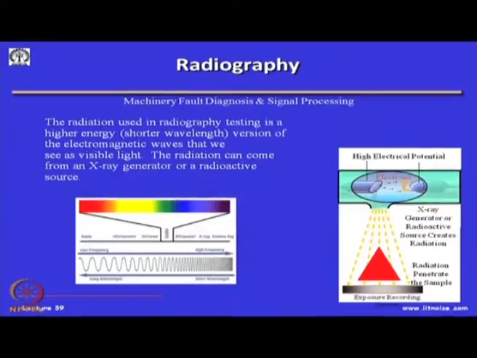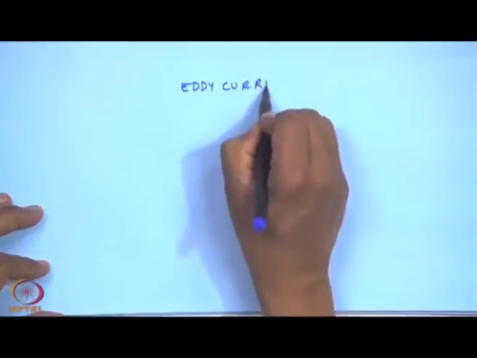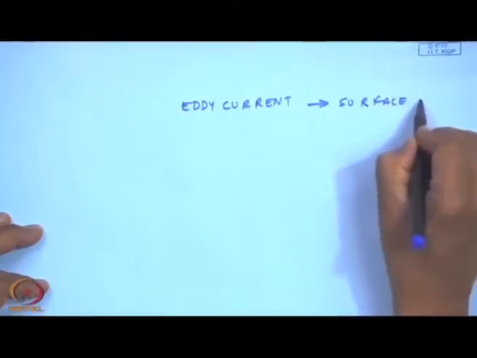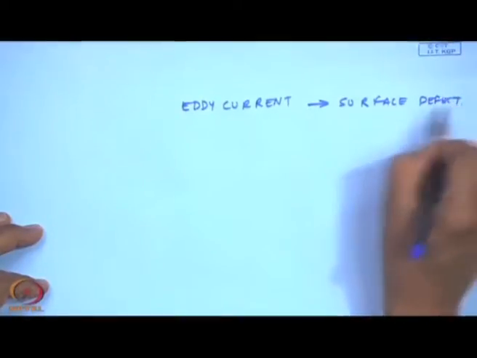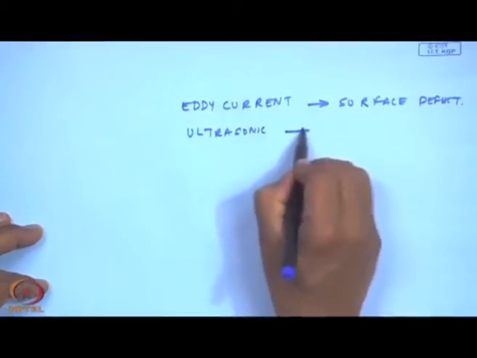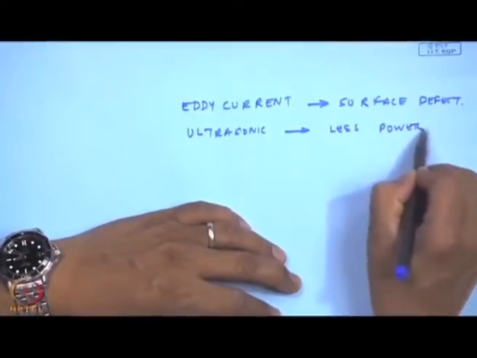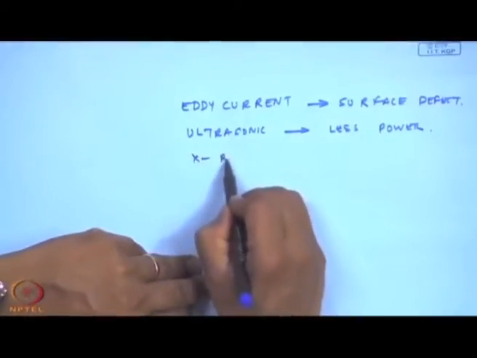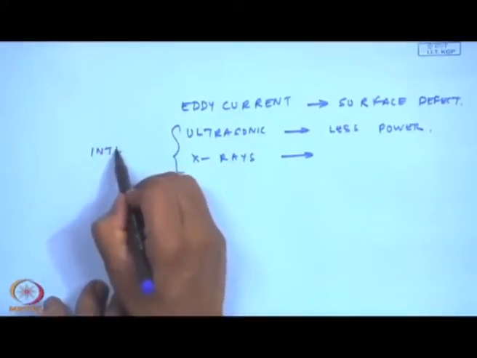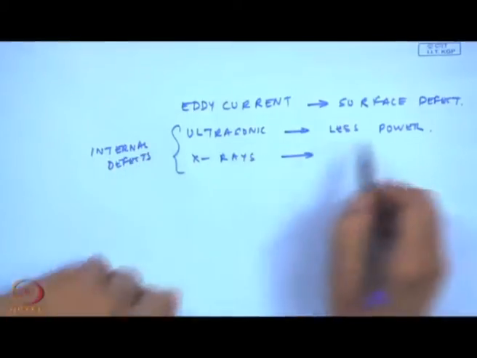Unlike the eddy current, which is for surface defect. Okay. Ultrasonic has less power than X-rays. These both can find out internal defects. Okay.